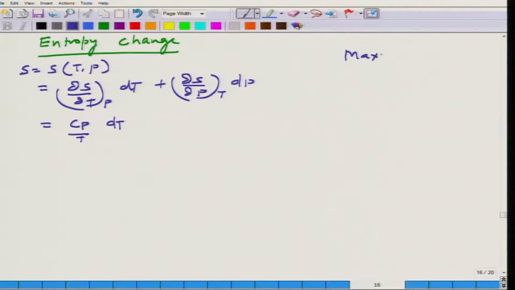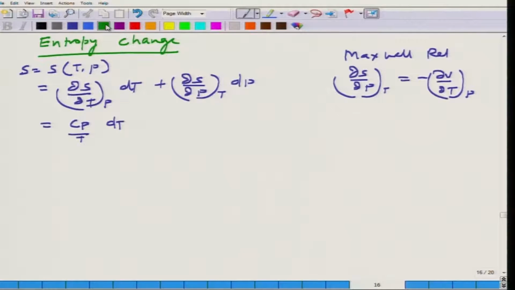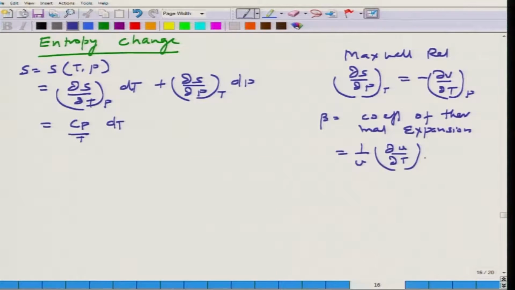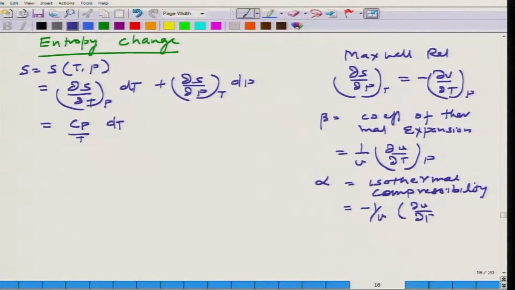The Maxwell relation tells us that del S by del P at constant T is minus del V by del T at constant P. The other thing we are also going to define here is the coefficient of thermal expansion, beta, which is 1 by V del V by del T at constant pressure, and kappa, the isothermal compressibility, which will be minus 1 by V del V by del P at constant T.